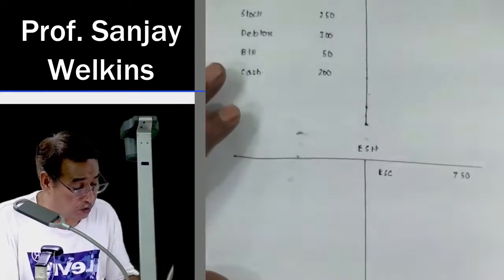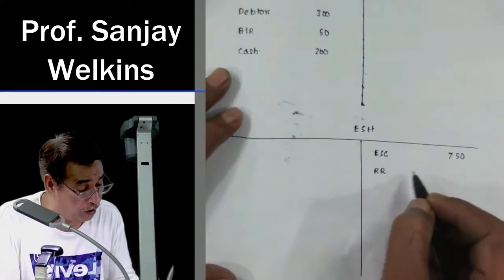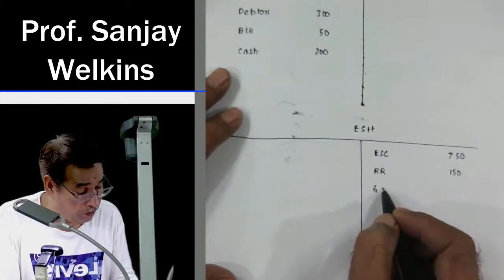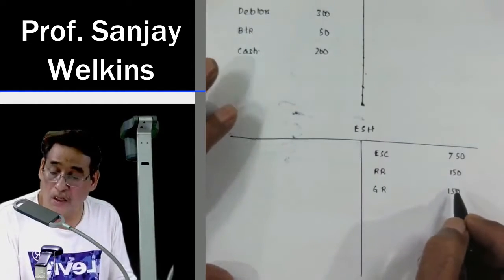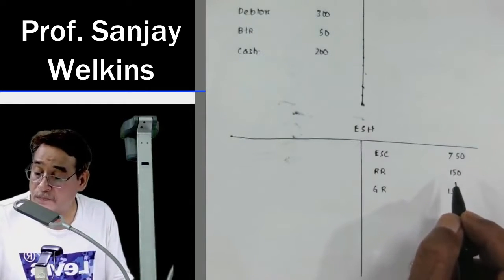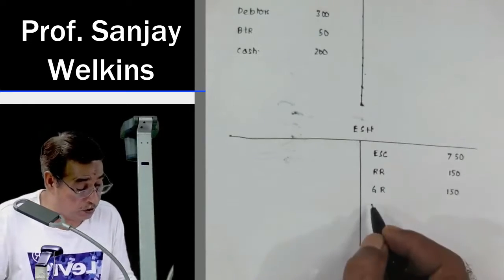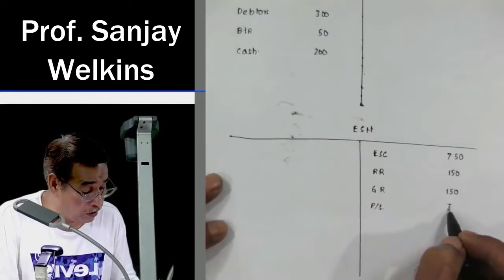Then all the reserves and surplus will be posted to the credit side of equity shareholder account. I have forgotten the amount of general reserve. Just let me check it. Revaluation reserve 150, general reserve 150, and profit and loss account is 30.